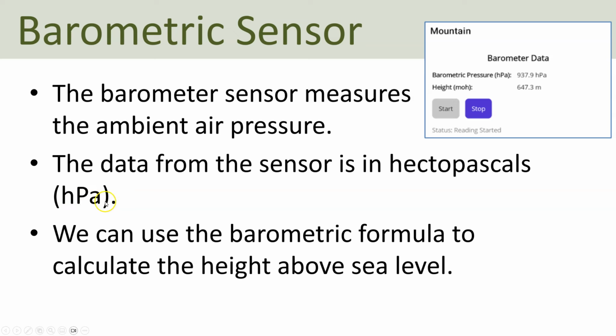In addition to just reading the value from the sensor, which is the ambient air pressure, you can also use the barometric formula to calculate the height above sea level. As you see here in this basic example, this is the raw value from the sensor, but you can also use this barometric formula to calculate the height above sea level, like this.